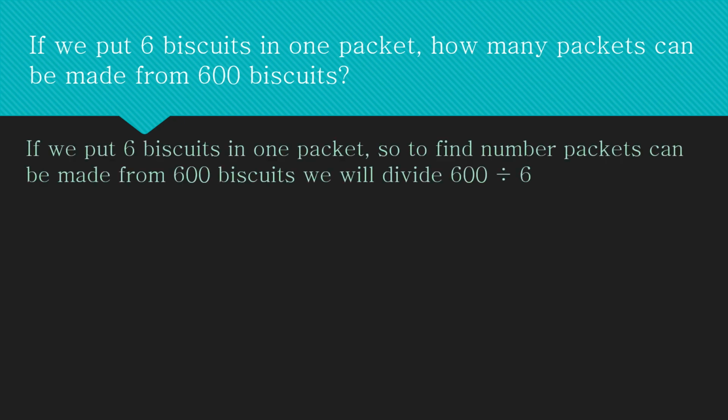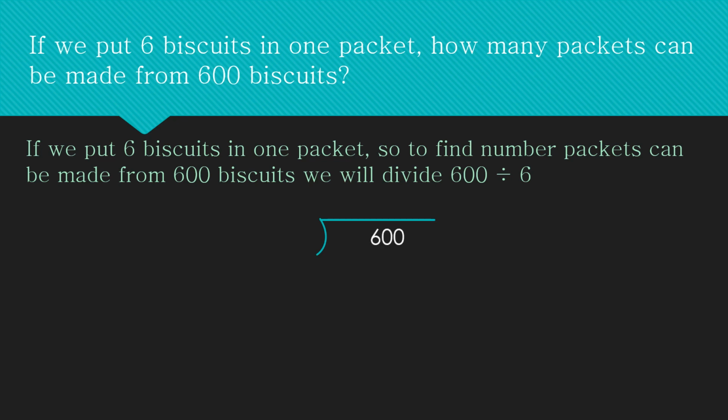If we put 6 biscuits in one packet, so to find the number of packets that can be made from 600 biscuits, we will divide 600 by 6. So we will write 600 below the splitting line, 6 in the curved line.